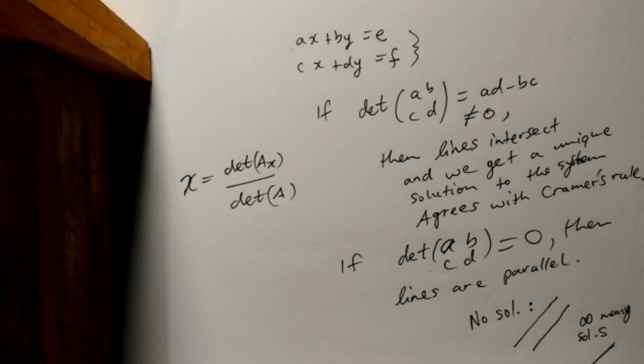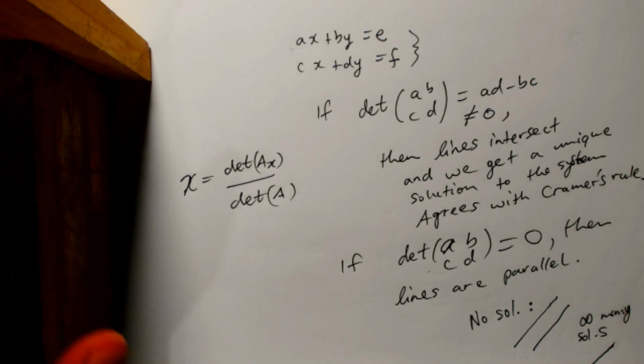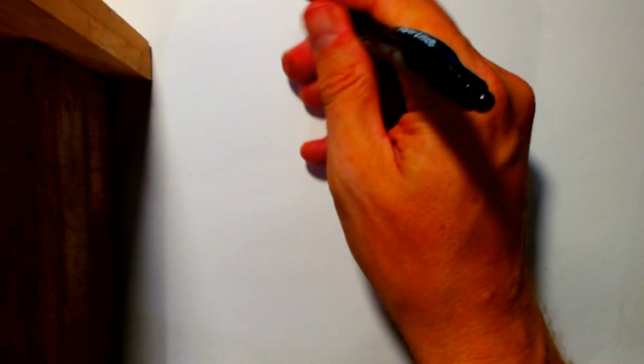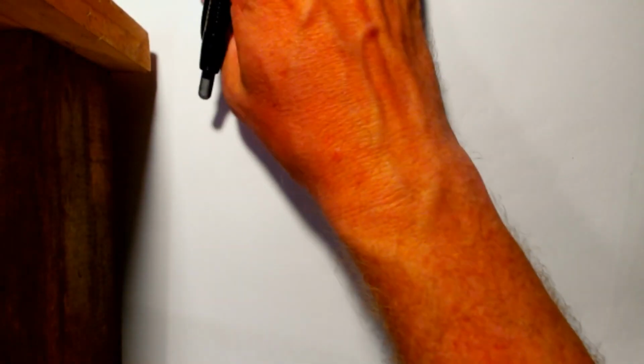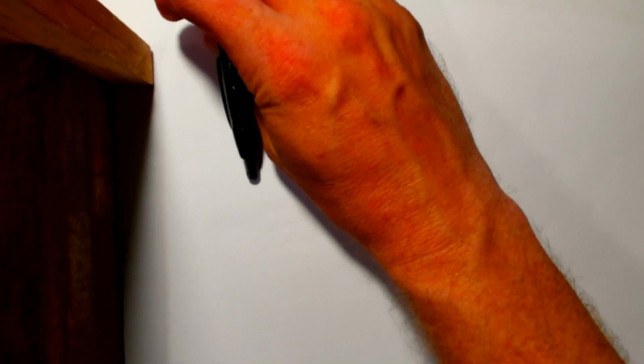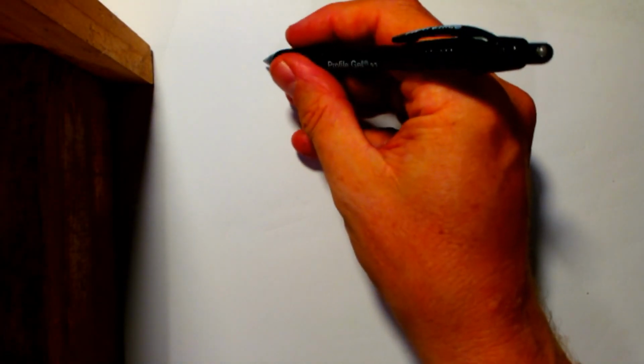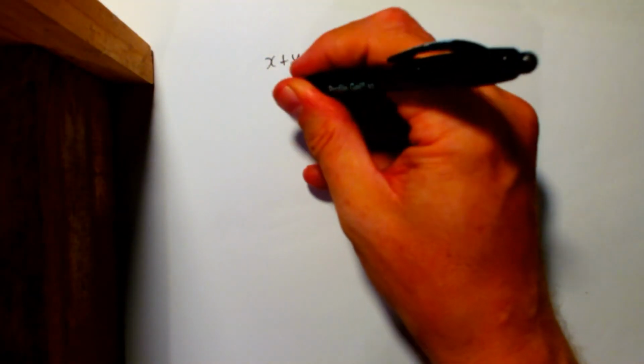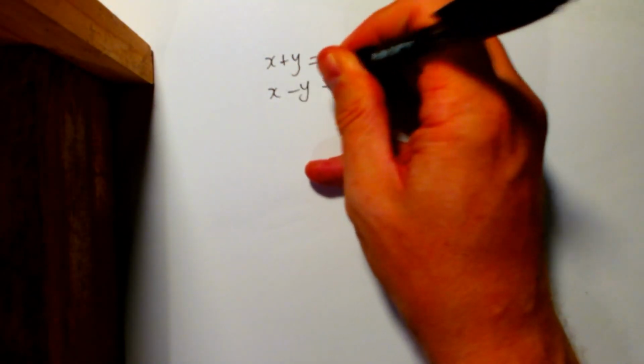Okay, let's have a look at example 6.3, which asks us whether a particular system has a unique solution, no solution, or infinitely many solutions. So our system is x plus y equal to 1 and x minus y equal to 3.